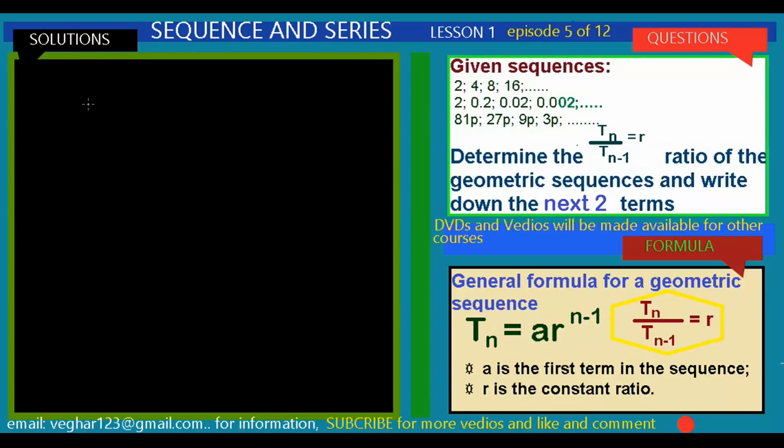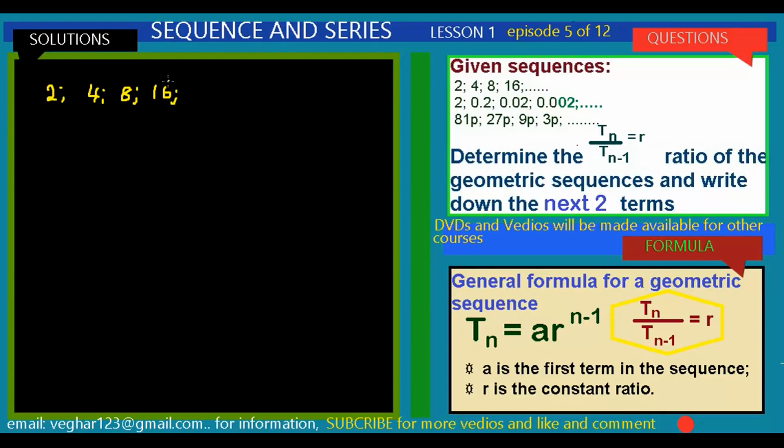To do this, we start by saying this is term 1, term 2, term 3. Starting with the first number, 2, 4, 8, 16. So we have 2, 4, 8, 16.